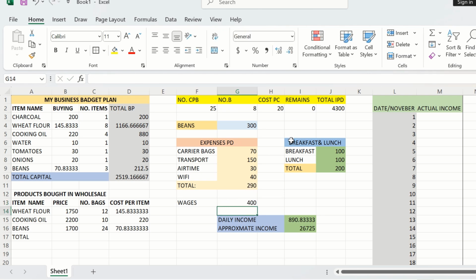For instance, if you take the breakfast, maybe they did not consume 100 shillings, they consumed 140 shillings on that particular day, then you have a decrease on your daily earning. If you have not used any transport on that particular day, you find that you have as well increased income, right?